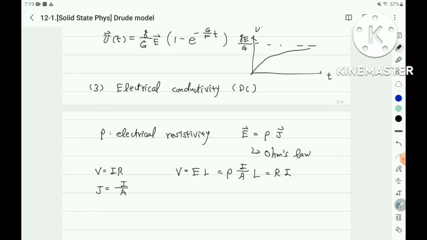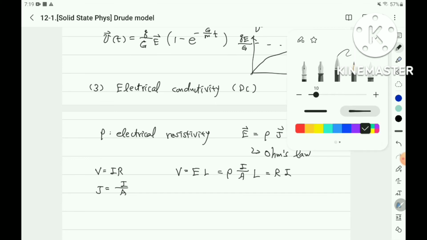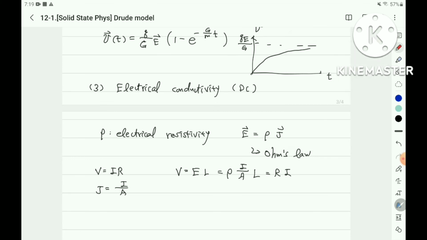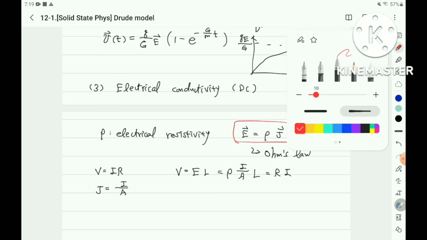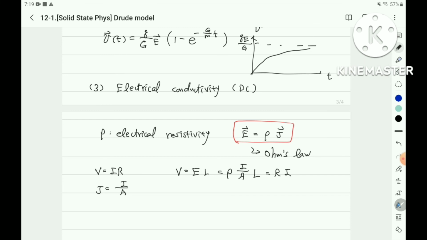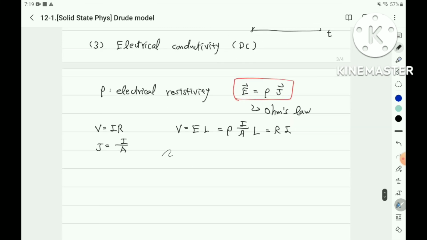From this definition, we can think that actually electrical resistivity is a tensor, and it is defined by applying an electric field, and by the electric field there is a current.